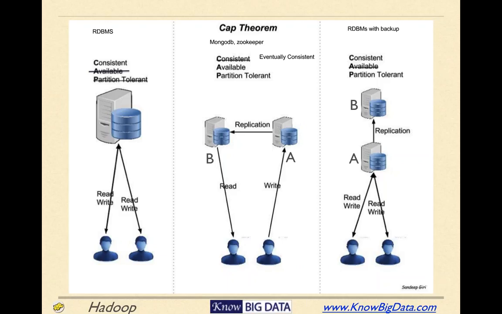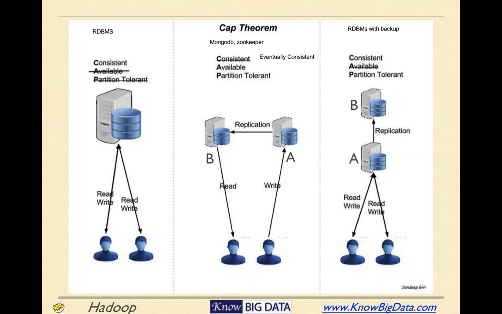So the users can read from both A and B while they can only write to A. All right, so only in case of writing A is a bottleneck, while for reading you have many servers.